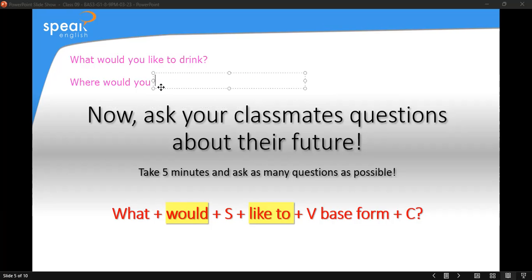Alejandra, what other questions can I make for the future? When would you like to travel? Okay, I like that one. Gabriela, another question that you can ask?